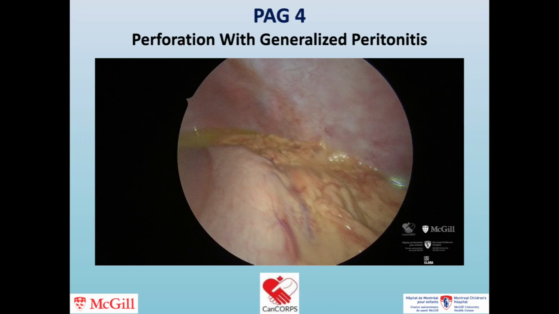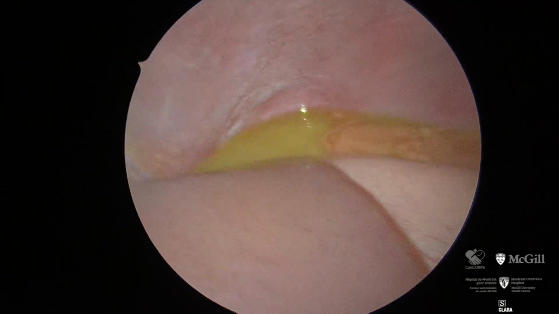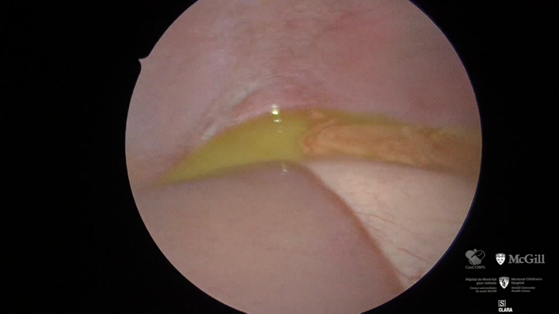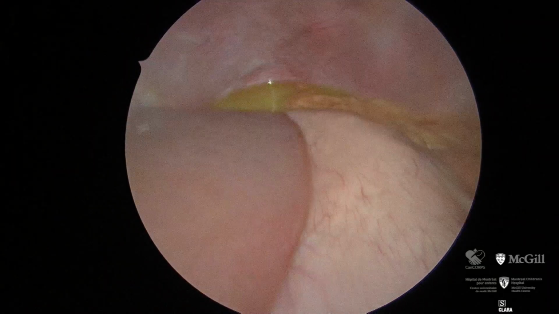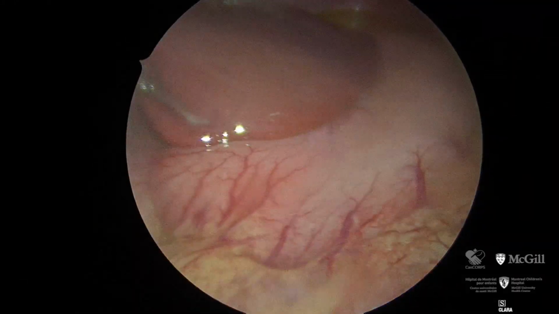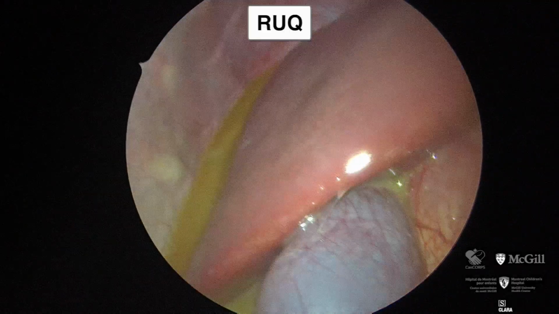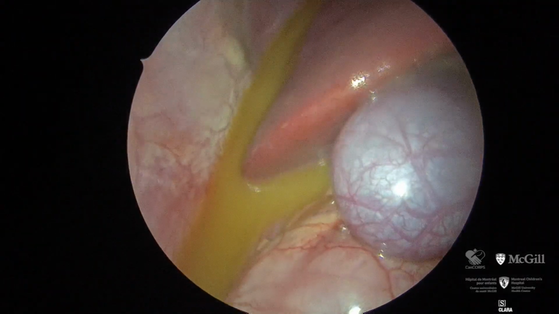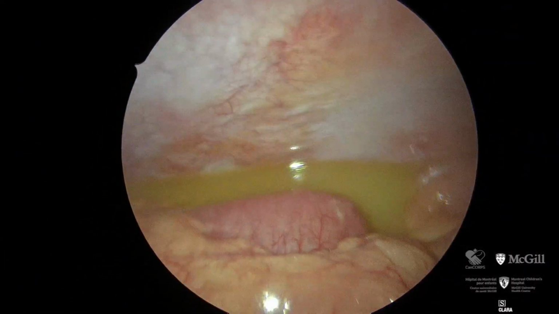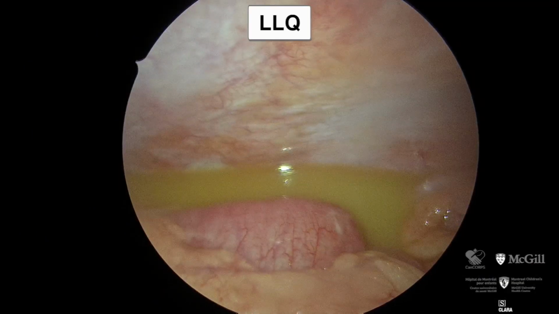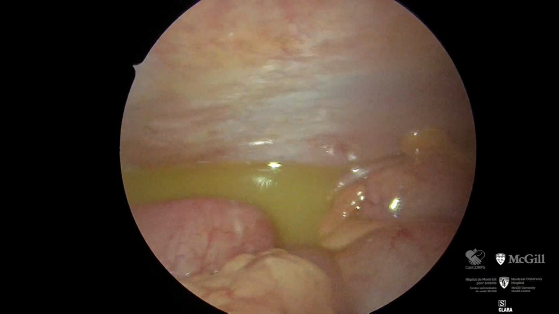This is an example of PAG 4, a perforation with generalized peritonitis, but no abscess. On entry into the abdomen, we immediately see pus in the left upper and right upper quadrants. There's also pus around the sigmoid colon in the left lower quadrant, as well as pus in the pelvis.